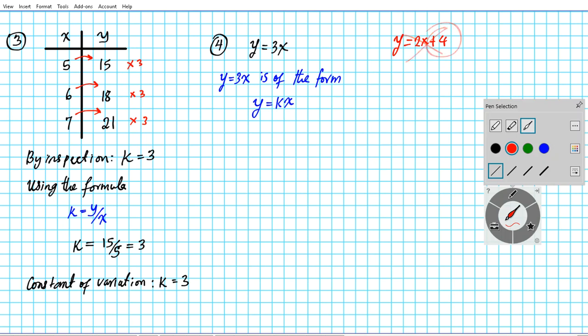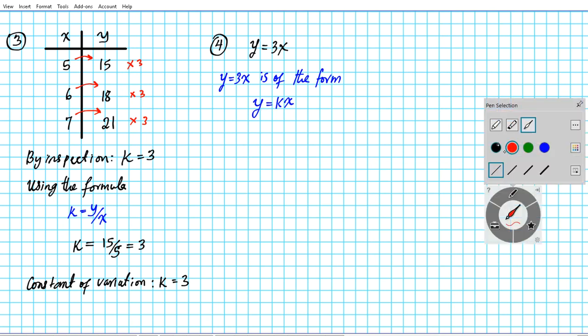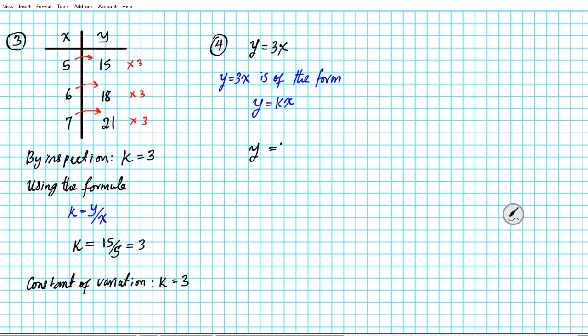Okay? So you always have y equals kx. One term on the left, one term on the right. On the left you have y, on the right you have a constant multiplied by x. Since this is of the form y equals kx, can we identify what the constant of variation is?